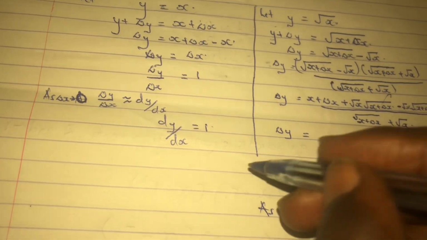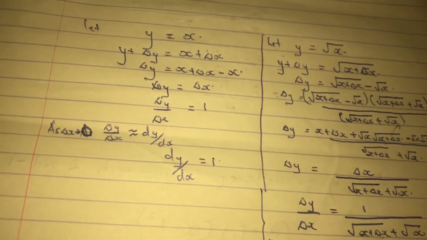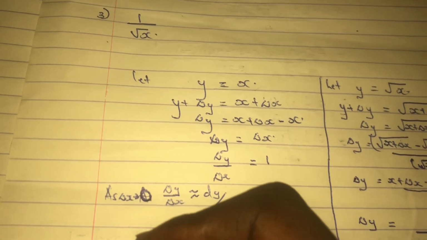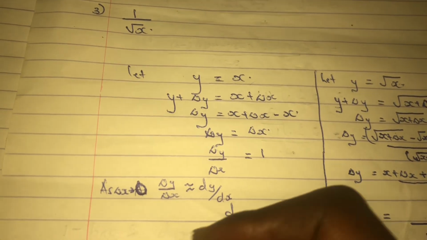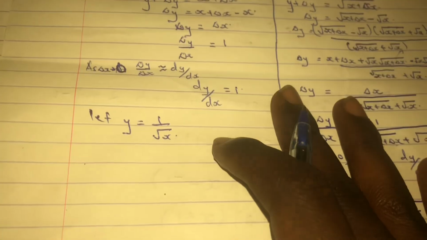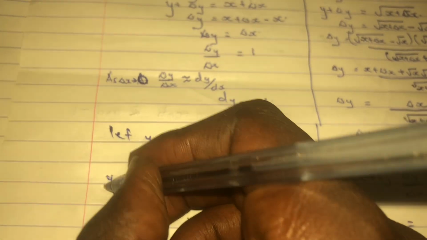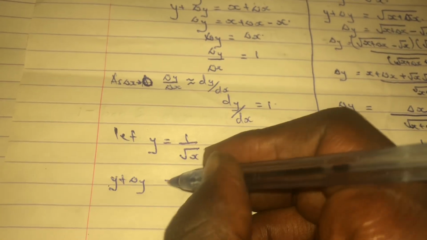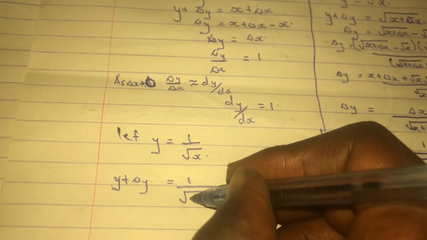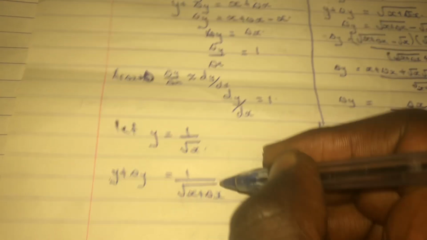Then let's do our last number, which is number 3, which is that. So it's also the same. We say let y be equal to 1 over root of x altogether. So y plus change in y equals 1 over root of x plus change in x.